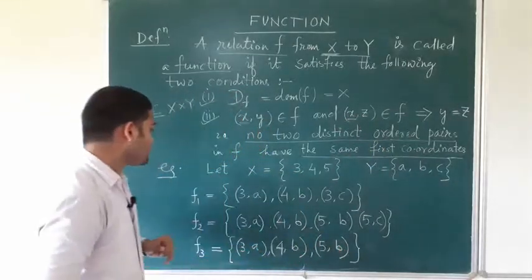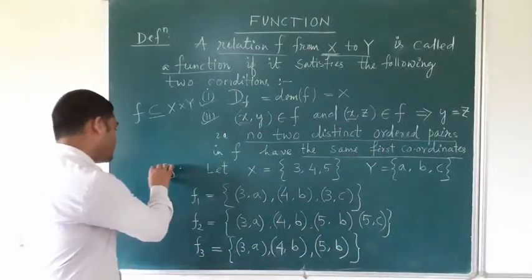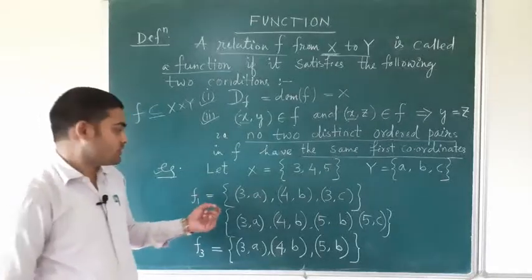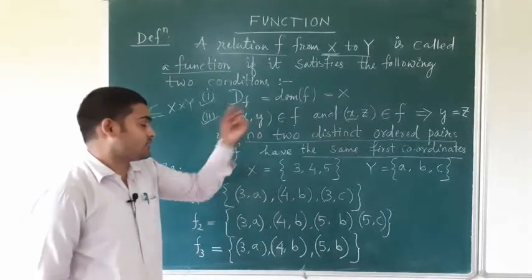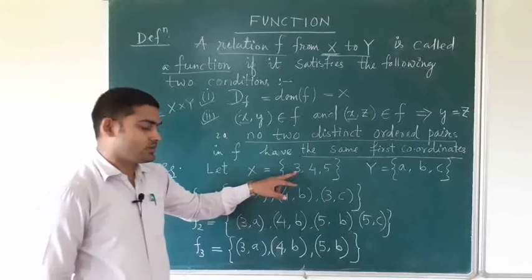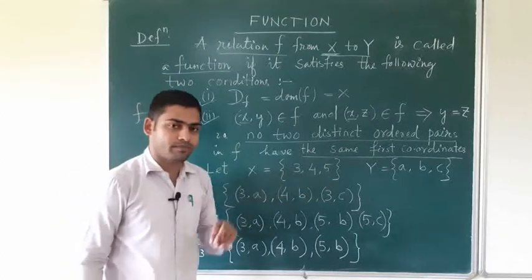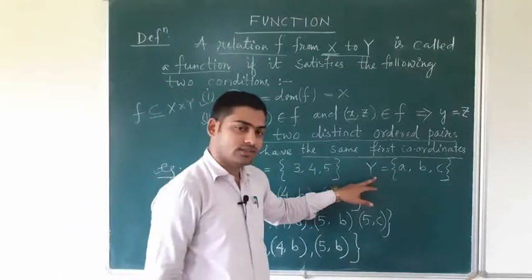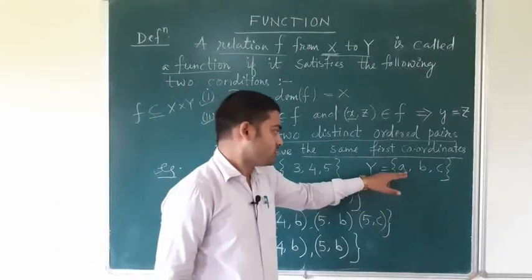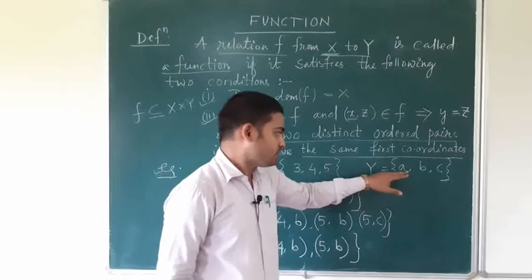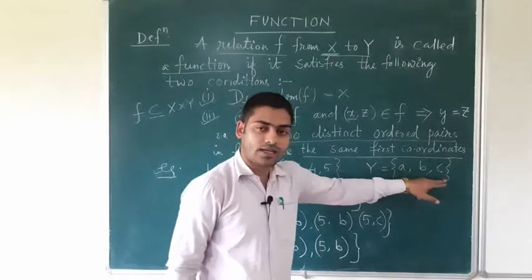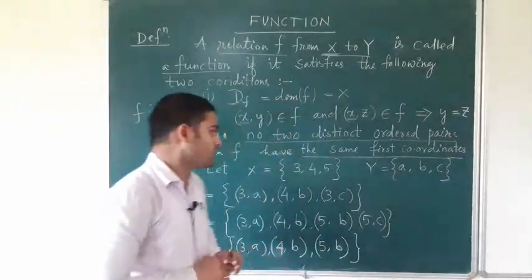Okay. So for example, you see, let set X contain the elements 3, 4, 5 and set Y contain the elements A, B and C. Okay.